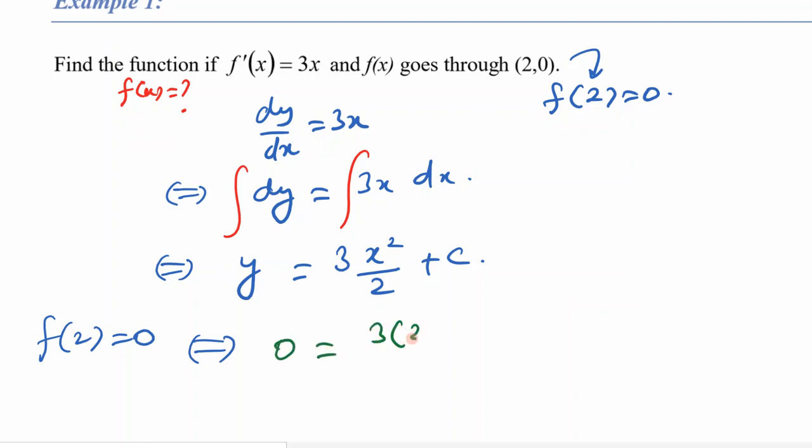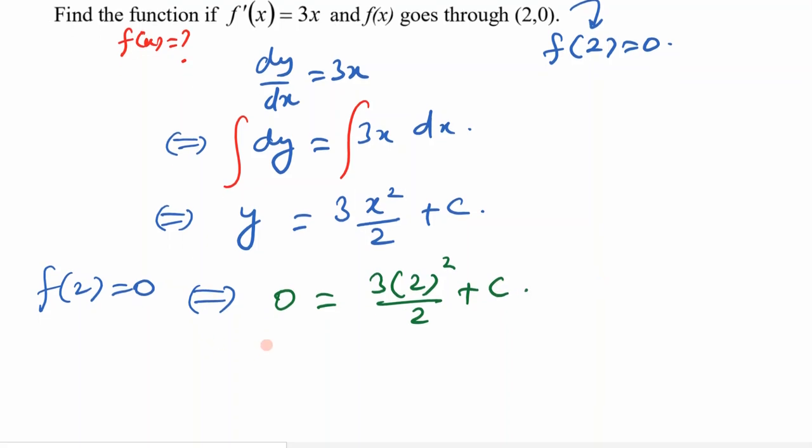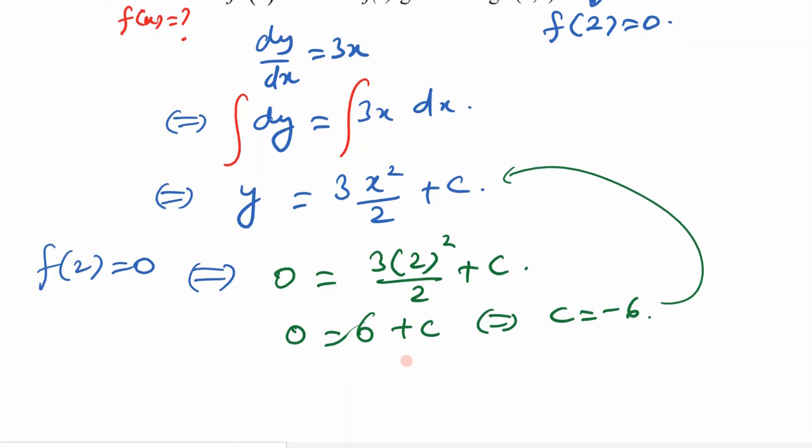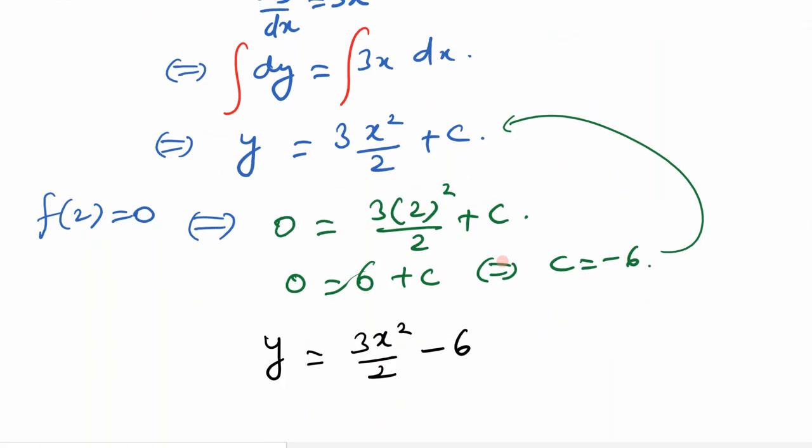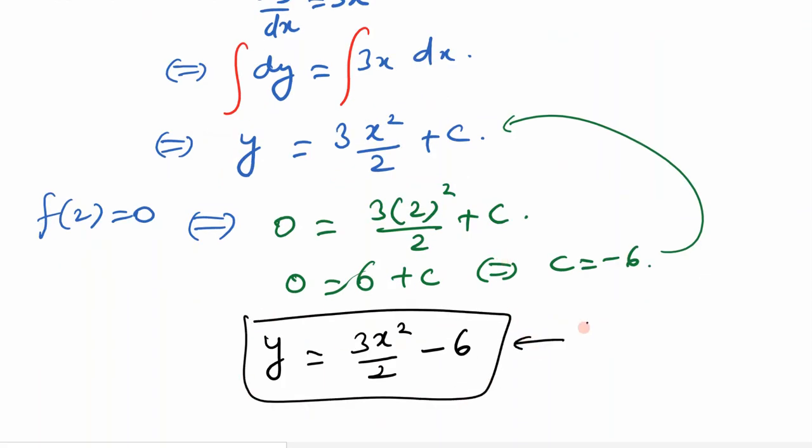So 0 is equal to, one of the two cancels, 6 plus c, and c is equal to -6. Now we plug back the value: y is equal to 3x squared over 2 plus c, and in place of c I'm going to write -6. So that is our required function, which satisfies all the conditions.